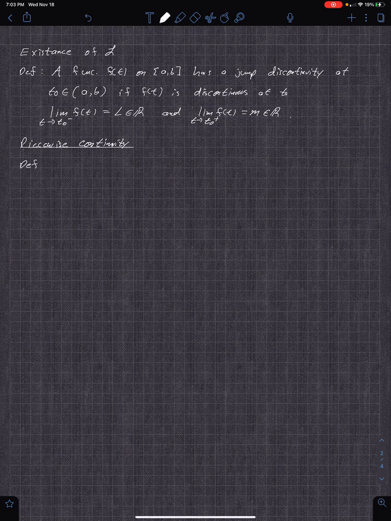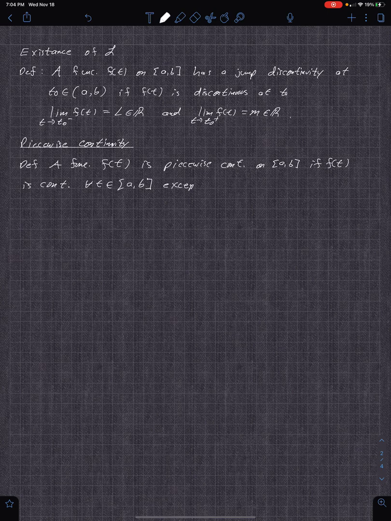So, definition: a function f of t is piecewise continuous on [a, b] if f of t is continuous for all t in [a, b], except possibly for a finite number of points.